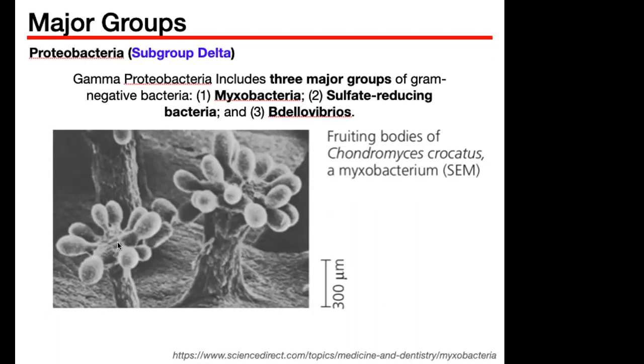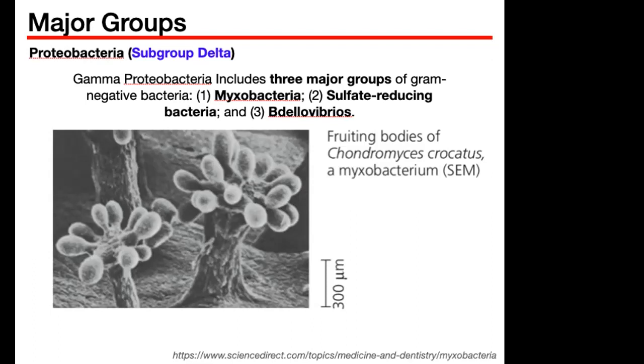Itong portion na to, when subjected to harsh environmental conditions. And what this does, no, these fruiting bodies, say for example, nagkaroon ng drought, okay? These organisms are capable of releasing these resistant myxospores, wherein when the environment becomes favorable, then it can flourish into a new organism.